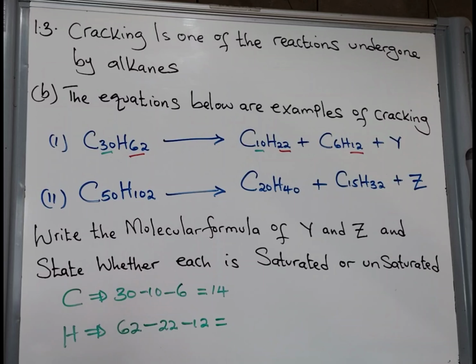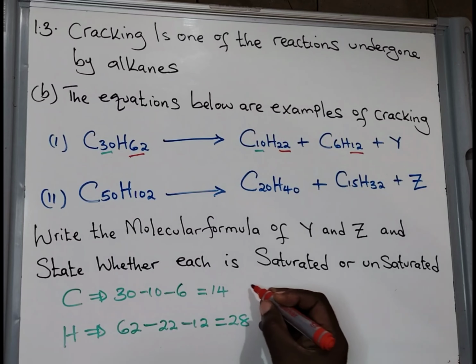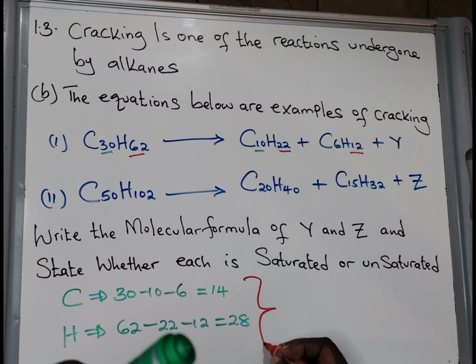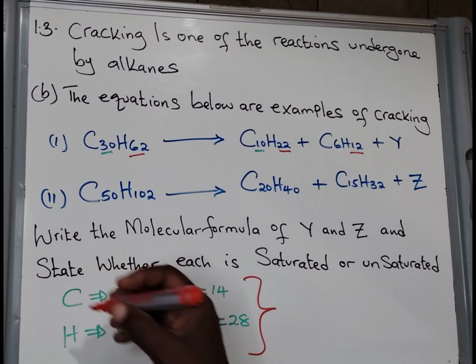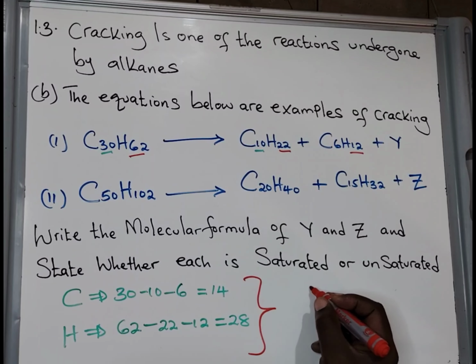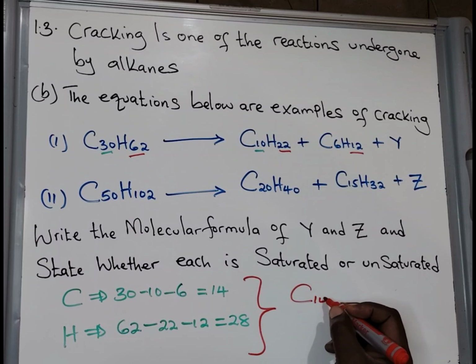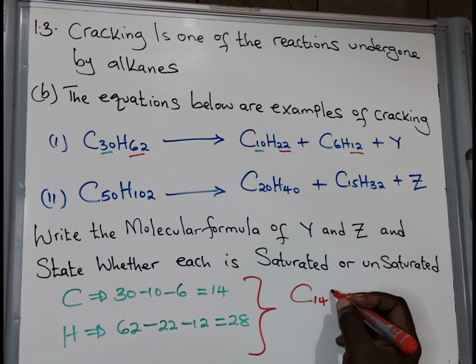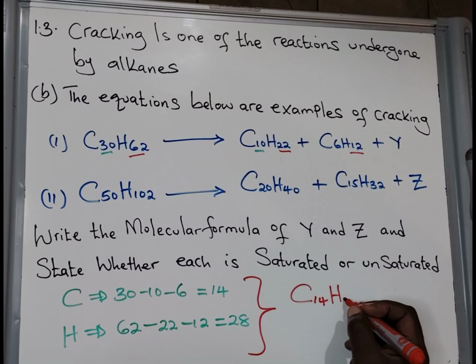What you get is going to be the hydrogen. So there we are. It's 28. So from here, we combine our carbon, which is 14, and hydrogen, which is 28.